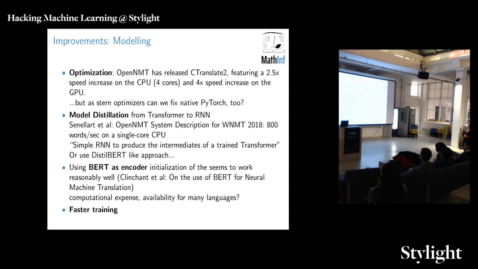But there's some computational expense there, and also the question is how many languages you actually have BERT for. For German and English, you probably don't need BERT to have a decent translation model. And you can always have faster training, of course.